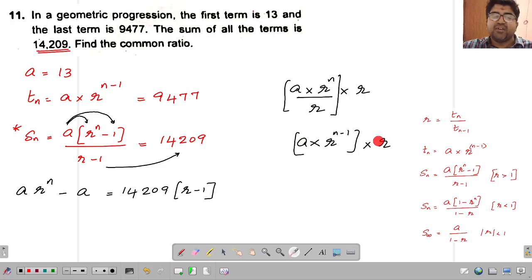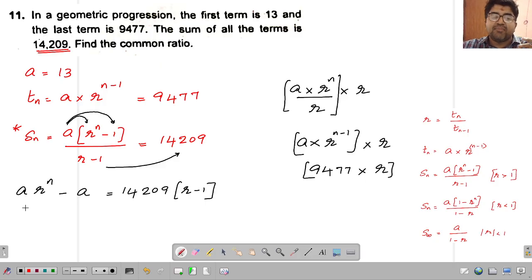Like this I can simplify, but I know this value inside the bracket is as good as 9477. So this expression is nothing but 9477 times r.